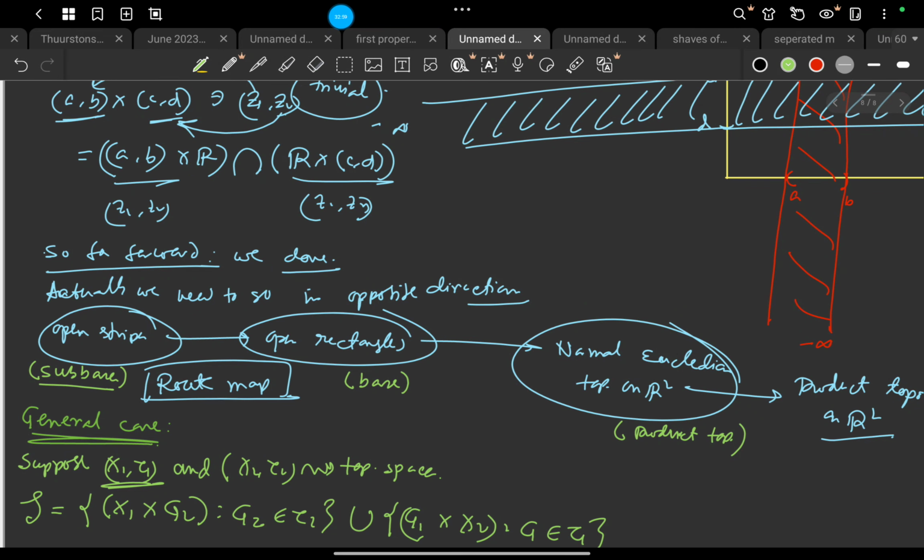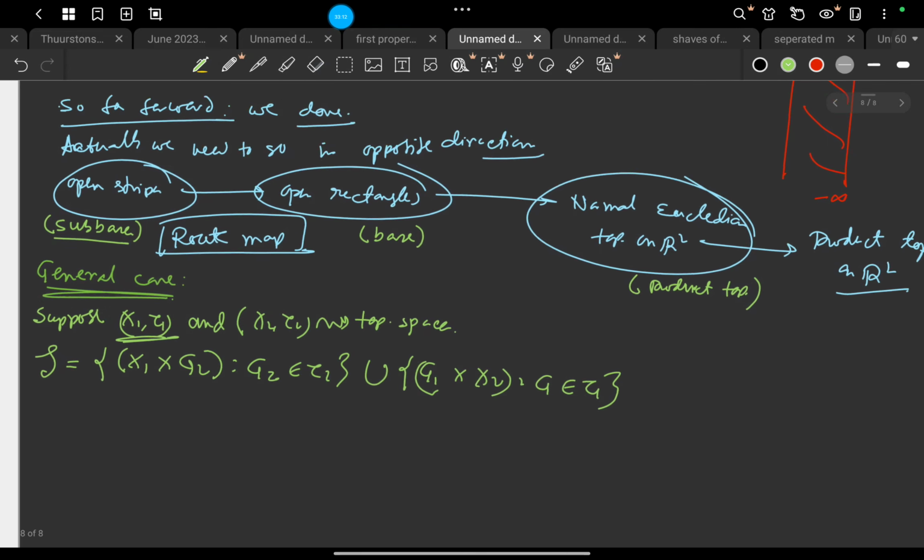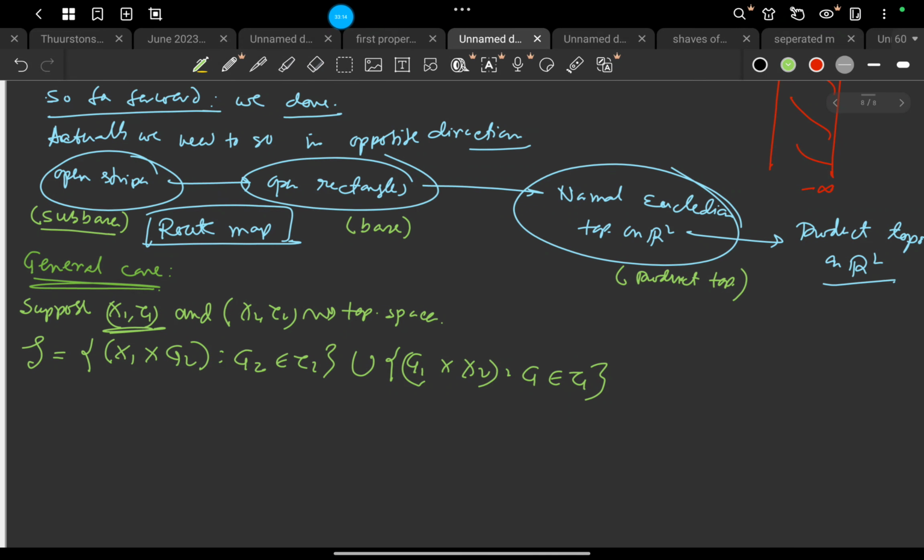But in a general topology, we may not be able to visualize it. Of course there are some basic open sets, but we cannot visualize them properly. So it is enough to consider all the open sets, instead of only the basic open sets.